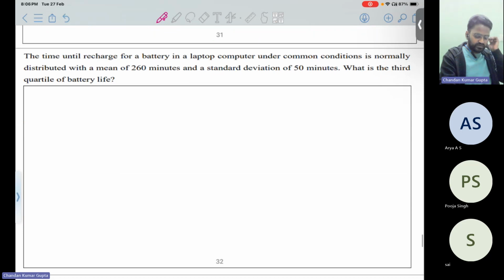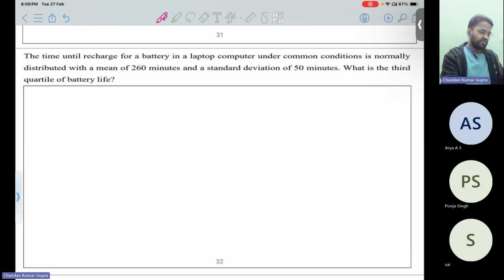Now again, one question: the time until recharge for a battery in a laptop computer. Actually, these questions are from the previous year assignment, so you already have the solution, but let's discuss this one.